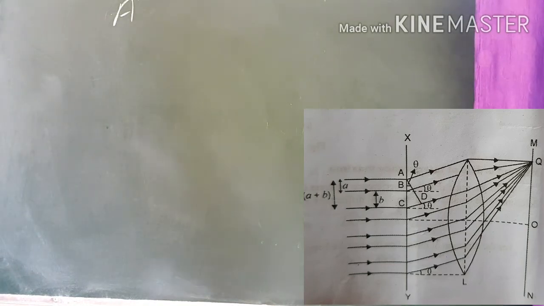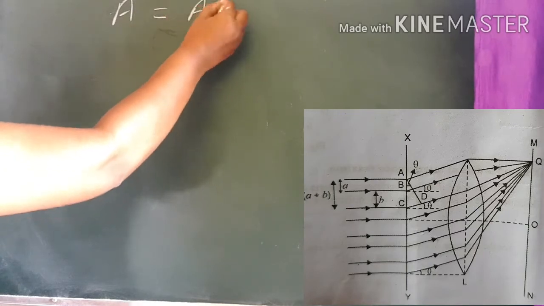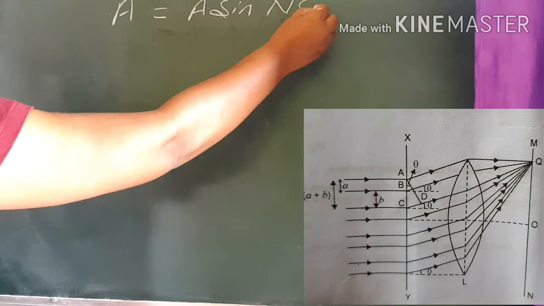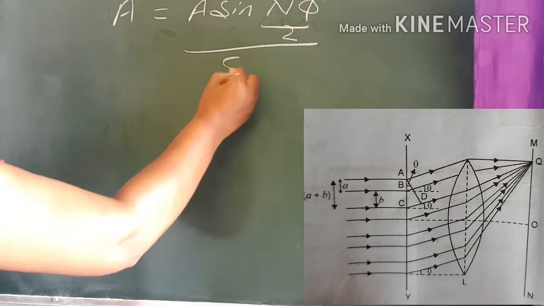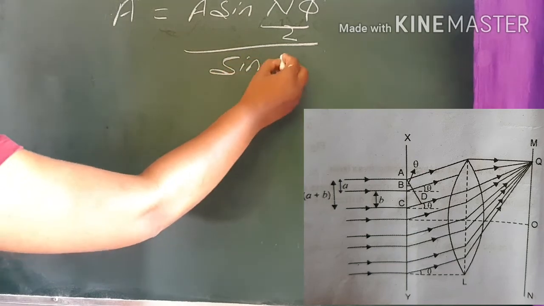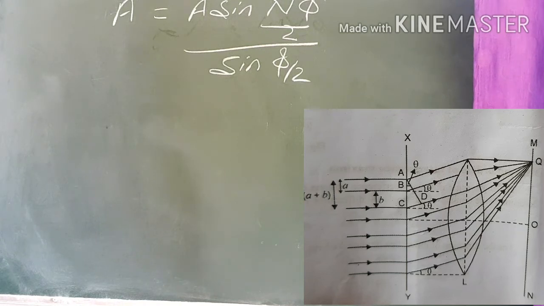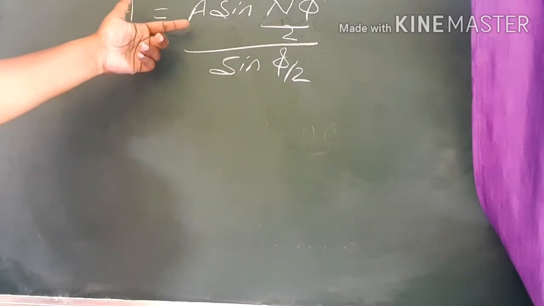So by using a similar equation, we can write A dash will be A sin n phi by 2 divided by sin phi by 2. And we know A is equal to A naught sin alpha by alpha.